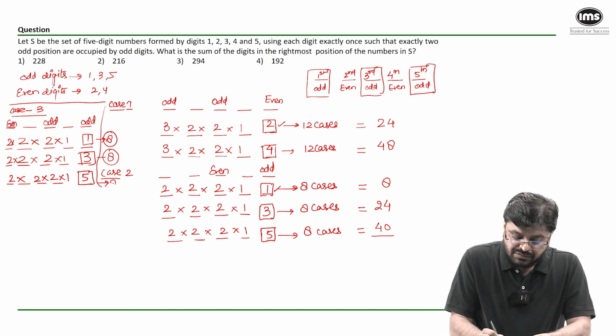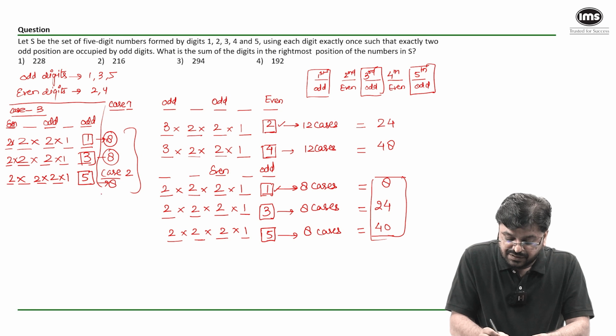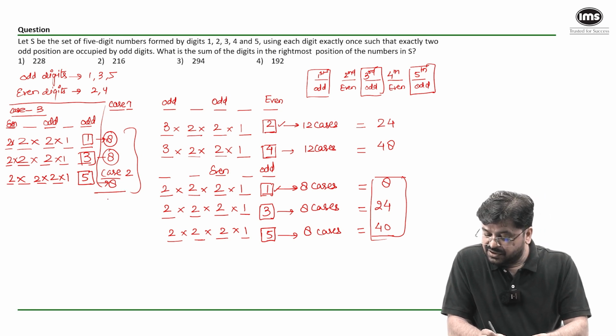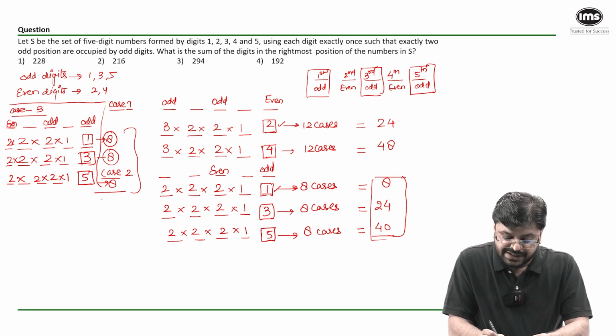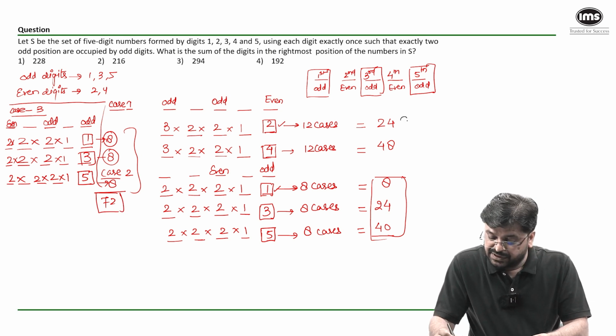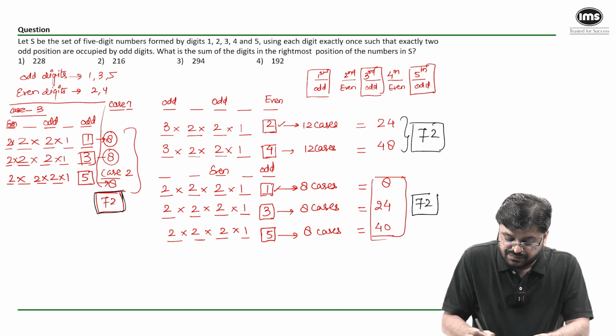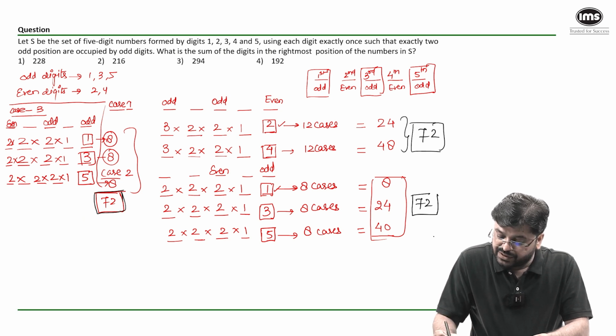So these will give you same result as we got from here. That is 40 plus 24 plus 8 is 72. So the total number of cases here would be these 72 plus 72 plus these 70. That is 260.